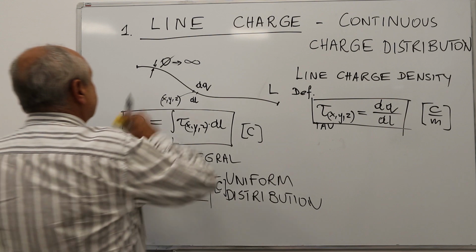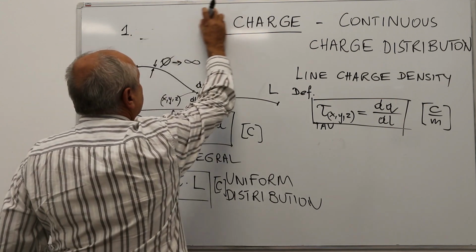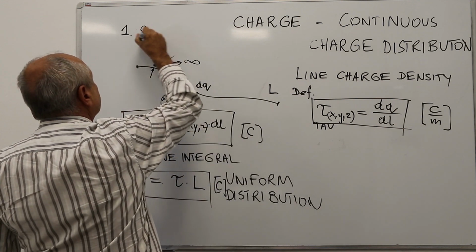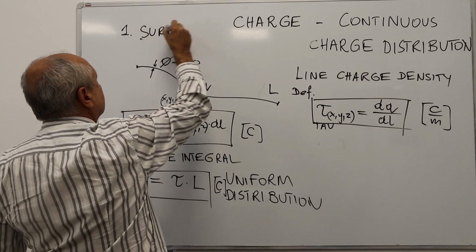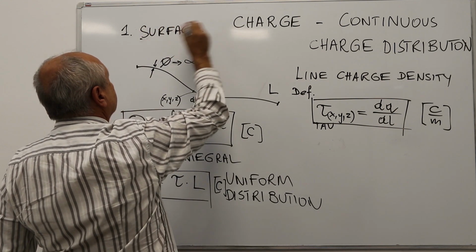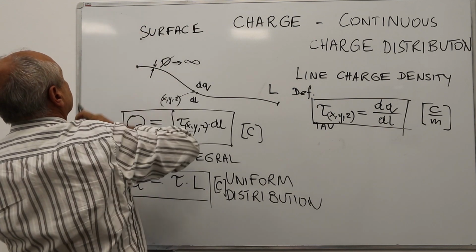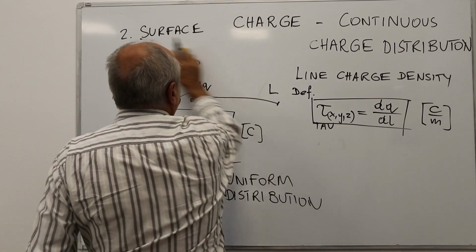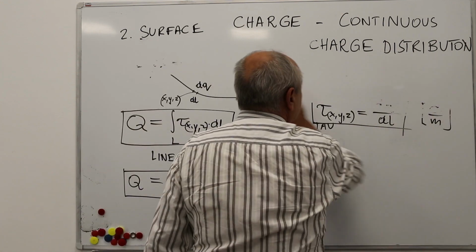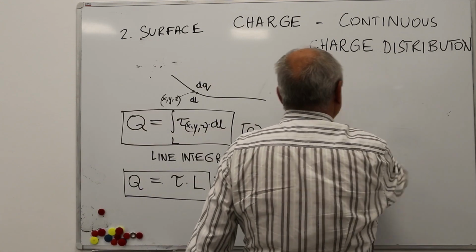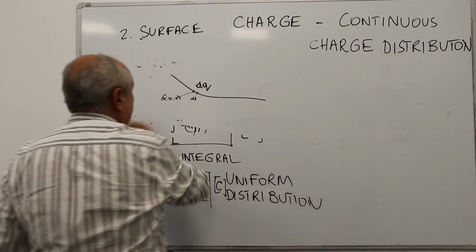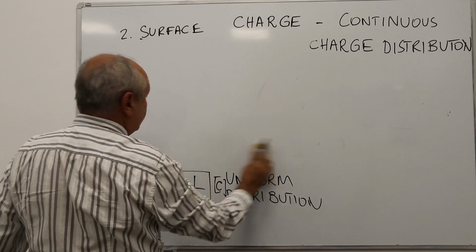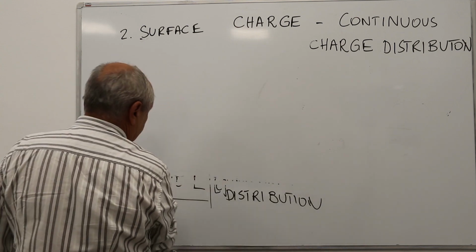The second case is surface charge. In this case, we have a thin sheet on which charge is distributed.